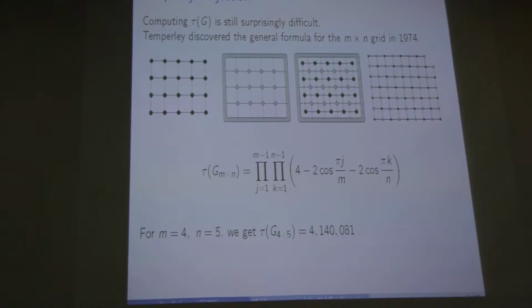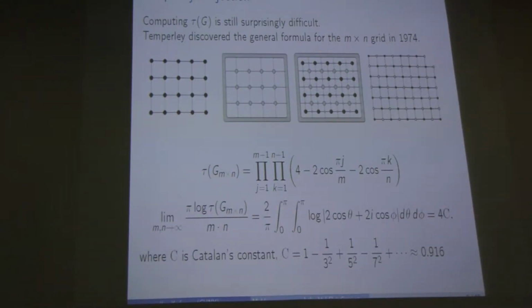So here is the general formula for the number of spanning trees, and it turns out that the 4 by 5 grid has more than 4 million spanning trees. 4,140,000 and some spanning trees. Sort of surprising, okay? But this is the general formula.